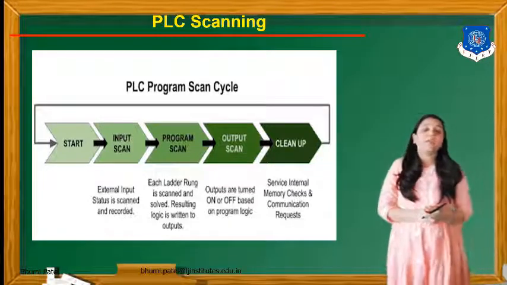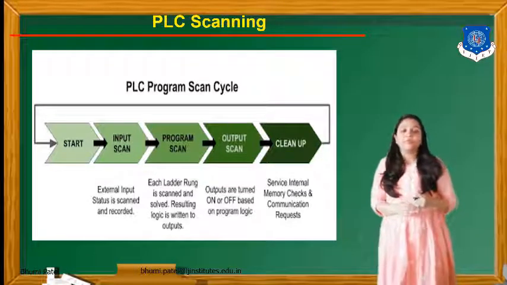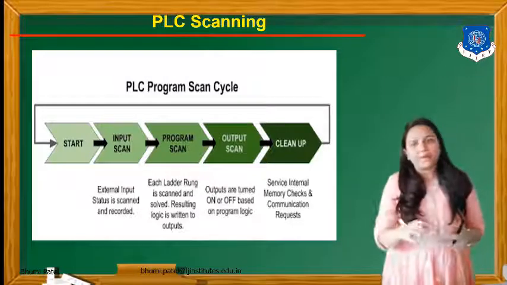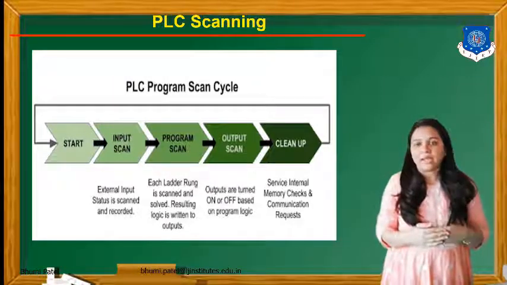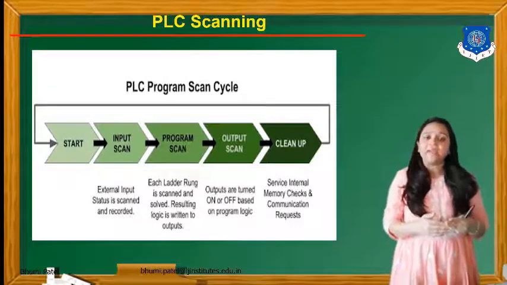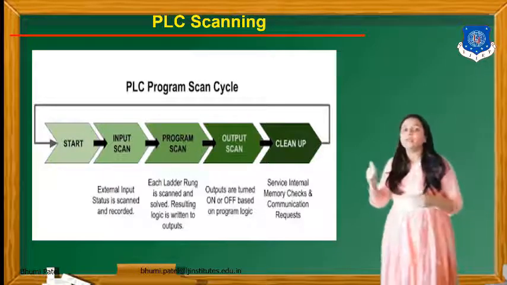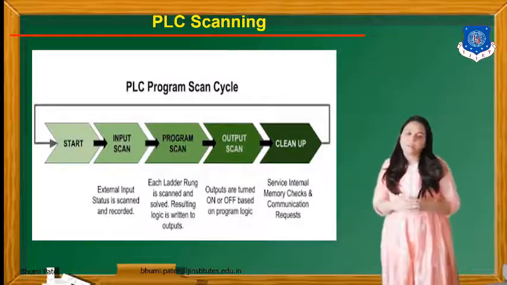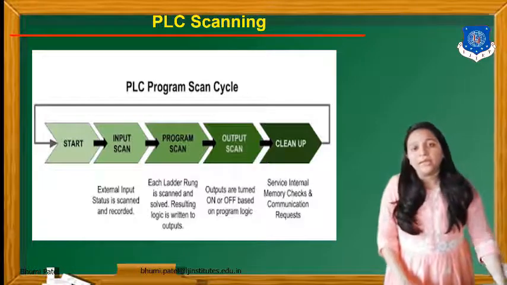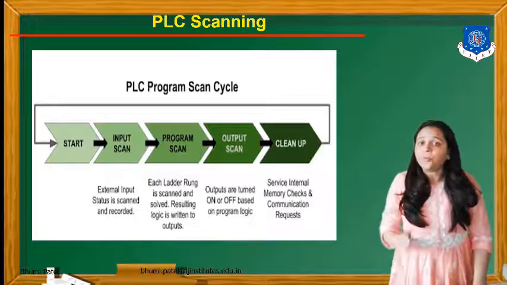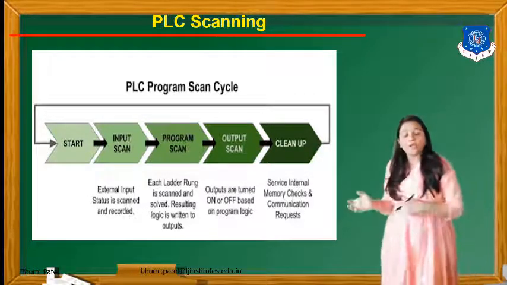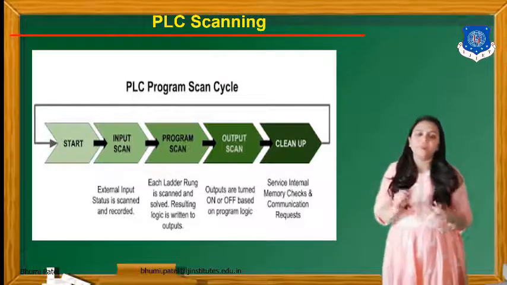So if we write the program for this system in 10 rungs, each rung will be scanned, and if any error is generated, it will be shown on the program scan screen. In the output scan, outputs are turned on and off based on the program logic.